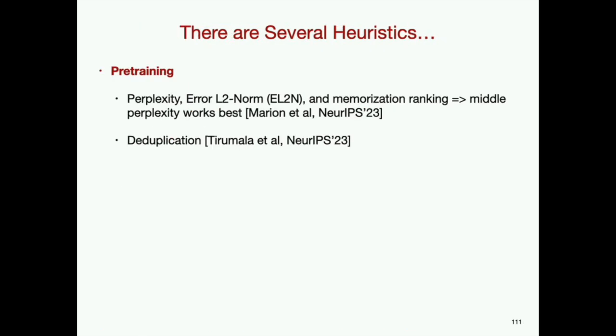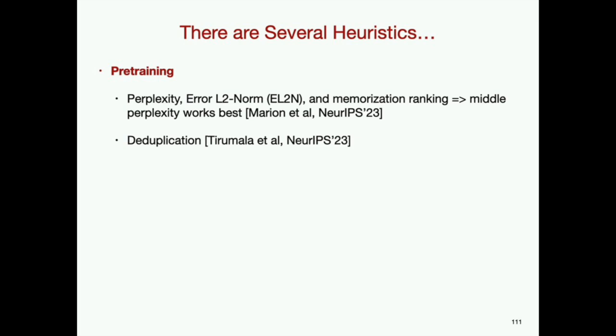Okay, so let me also mention briefly existing heuristics for data selection for LLMs, and we can connect the ideas to previous sections. For pre-training, people have tried selecting based on perplexity, the L2 score that I explained, and memorization ranking.